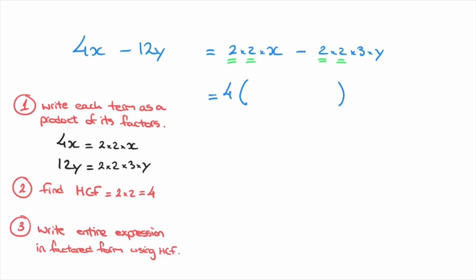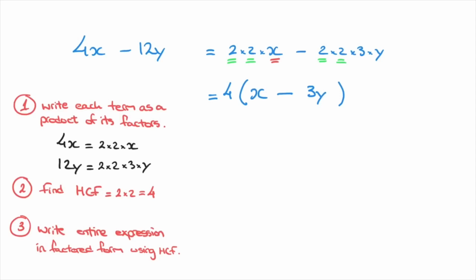So for the first term, we have an x that wasn't underlined, so I go ahead and write x. We can then see that the operation between the two terms was minus, so I go ahead and write minus whatever wasn't underlined in the second term. So that's 3 times y, and so I write 3y. And that's the final answer. 4x minus 12y in factored form is 4 times, in parentheses, x minus 3y.